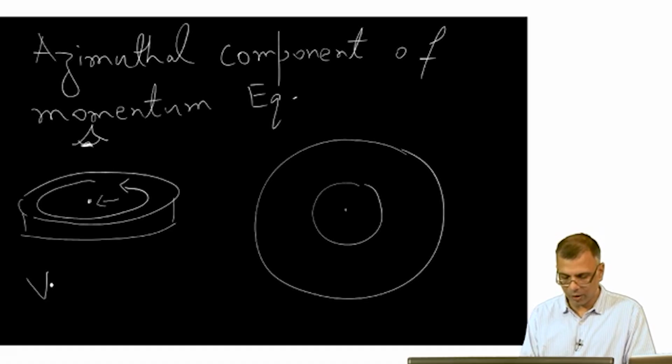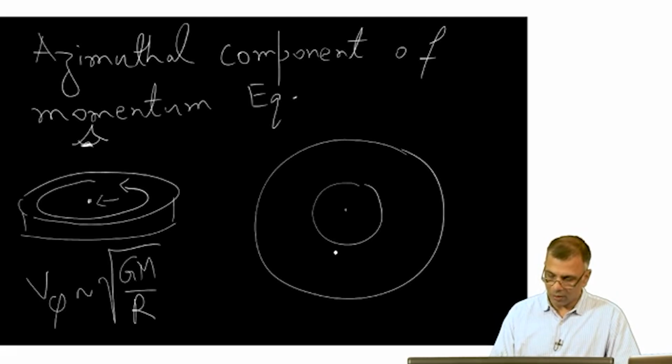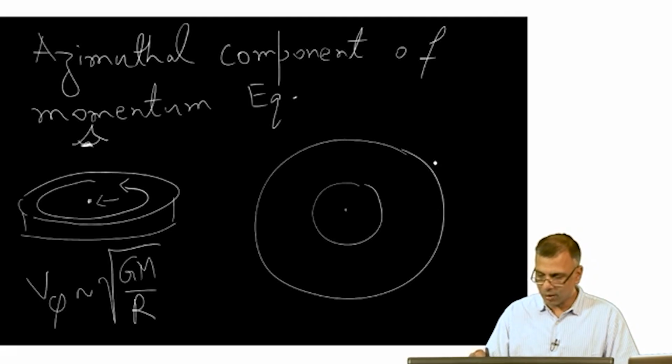The V phi goes as square root of GM over r, isn't it? So essentially the V phi here at larger radii is smaller, and the V phi at smaller radii is larger.